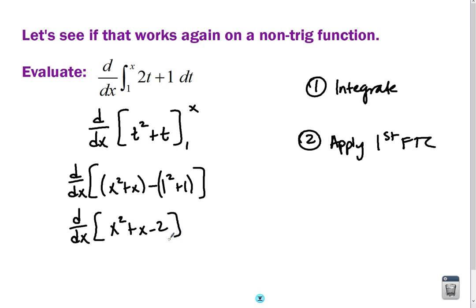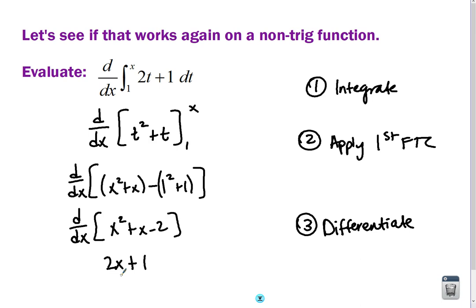My last step is to just differentiate. So then I end up with 2x plus 1. Well, interesting. 2x plus 1 looks a whole lot like what I had before, but earlier I had 2t plus 1. So instead of a t, now I have an x.